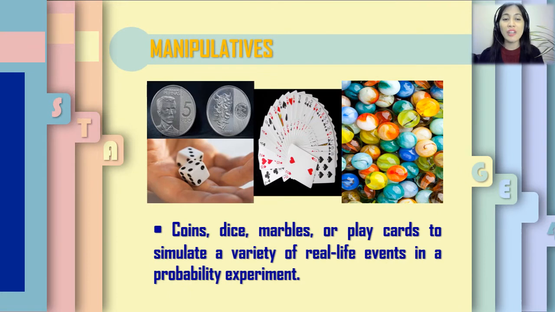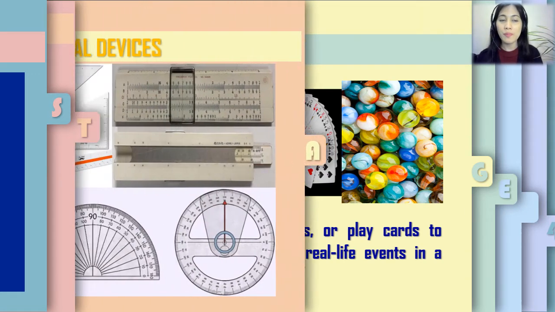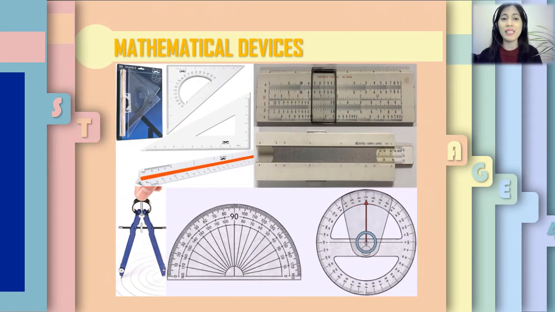Now, coins, dice, marbles, or playing cards, we could use those to simulate a variety of real-life events in a probability experiment. Now, as for other mathematical devices, there's not much of a difference from the junior high school or key stage 3.